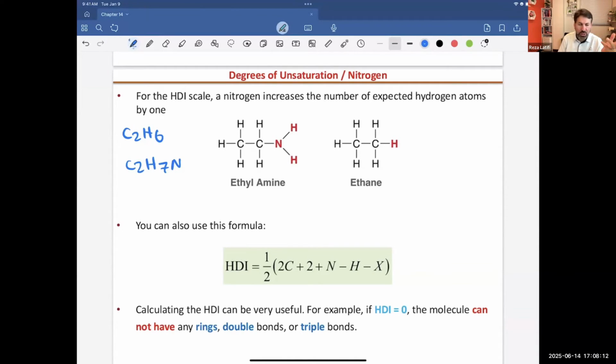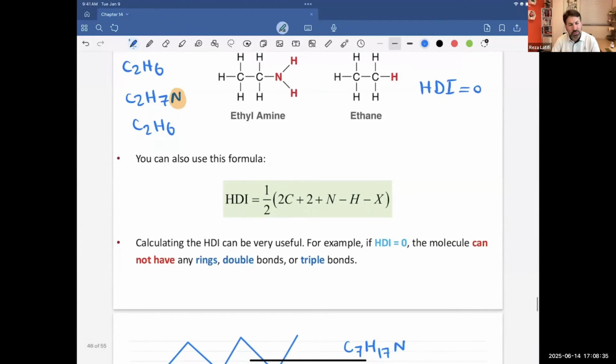So this system has 1 extra hydrogen. Because I have 1 nitrogen, I take 1 hydrogen out per nitrogen, and that leaves me with C2H6. So this system is saturated, and the hydrogen deficiency index is equal to 0. You can use this formula to calculate the hydrogen deficiency index, and I'm going to practice some examples for you.